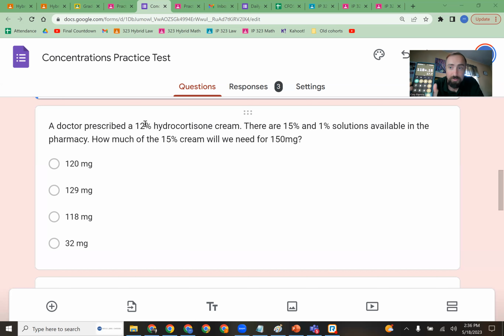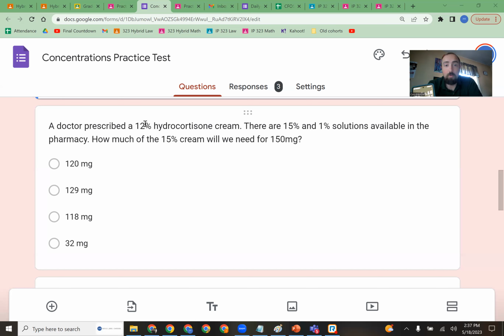This is how much is hydrocortisone, 17.7 milligrams. Remember that, 17.7, so jot that down. 17.7 milligrams is how much drug would be in 118 milligrams of the 15%. That's how much hydrocortisone is in that amount of the cream of that strength.